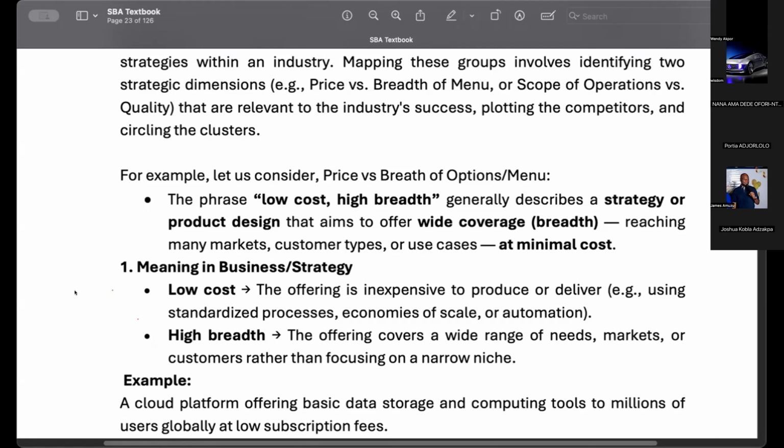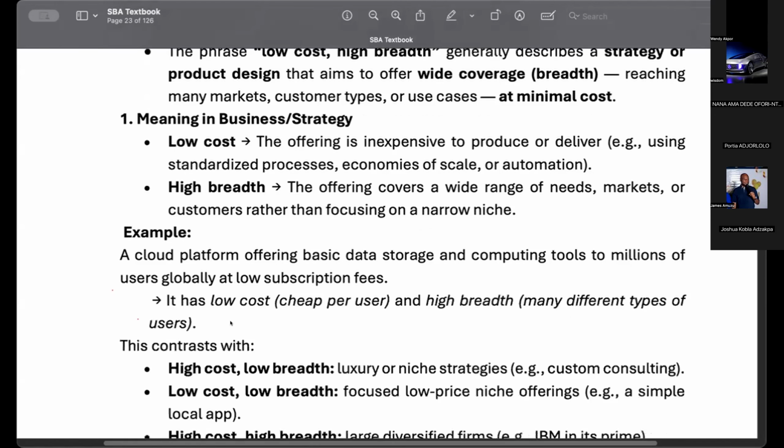So low cost is offering something inexpensive to produce or deliver. The hybrid offering covers a wide range of things. So let's take a cloud platform offering basic data storage and computing tools to millions of users globally at a low subscription price.